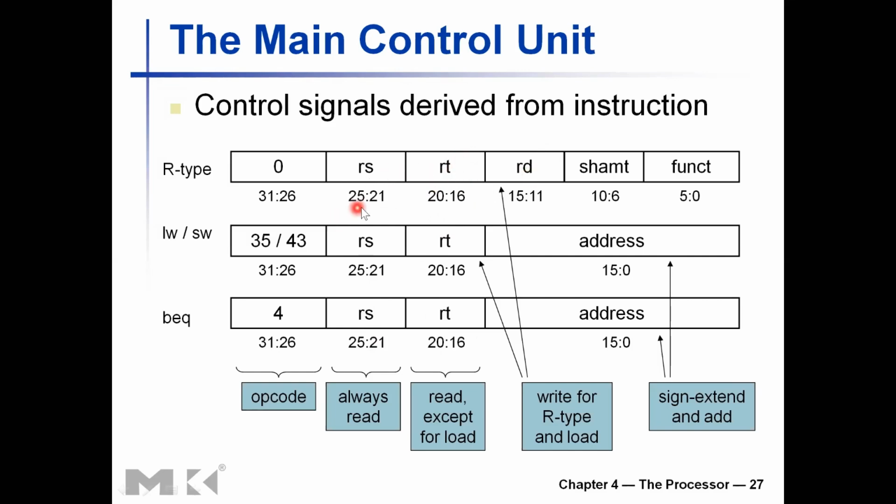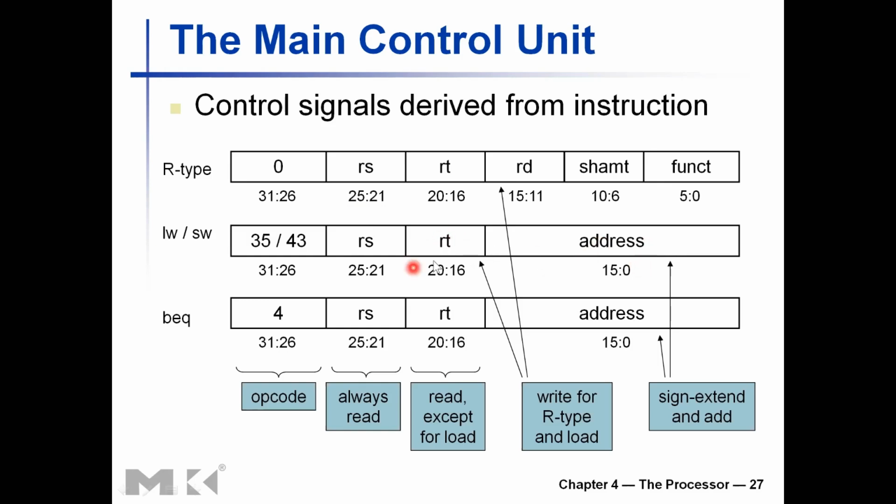Load word, store word: you read RS, which is the base register value, and RT is written for load. If you are loading from the memory, you write to that. Otherwise, this is the data you are reading and writing to the given, computed memory address.